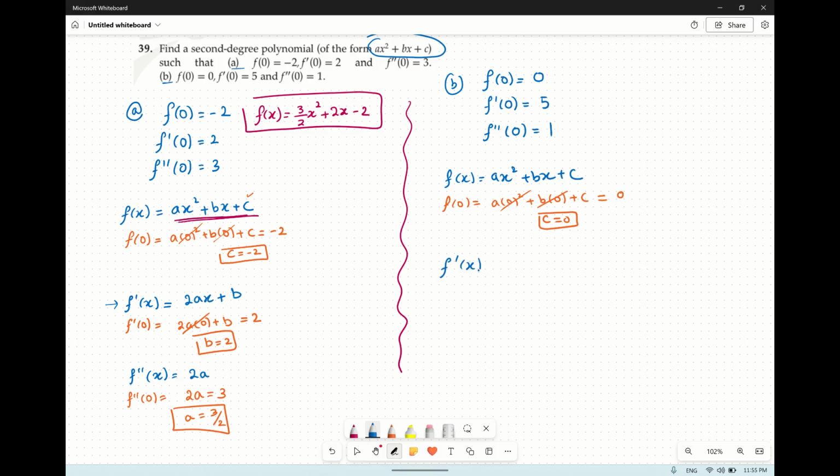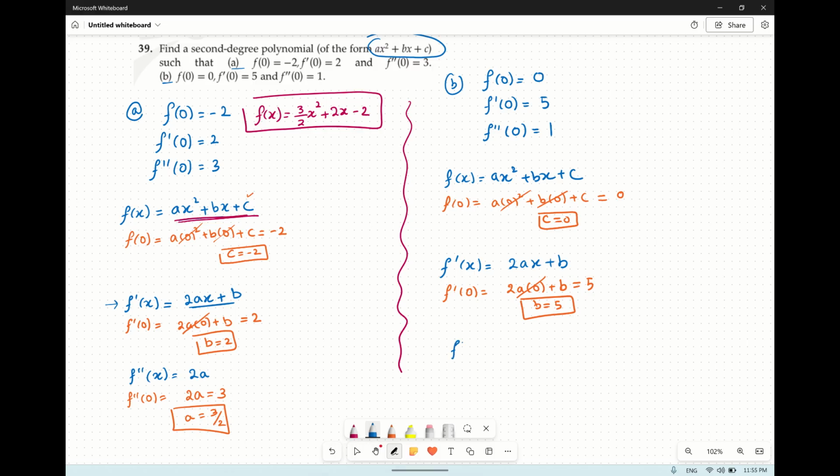Now I find f prime of x. So again, same like we did here, it will be the same thing. So f prime is 2ax plus b. Now they are saying f prime of 0 is 5. So if I substitute in the place of x 0 and equal 5, this means that b is 5.